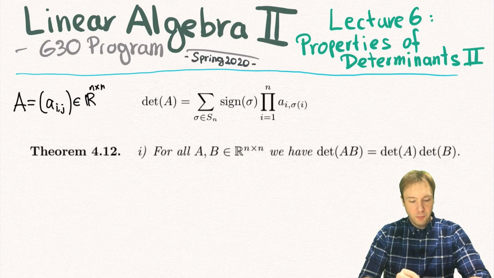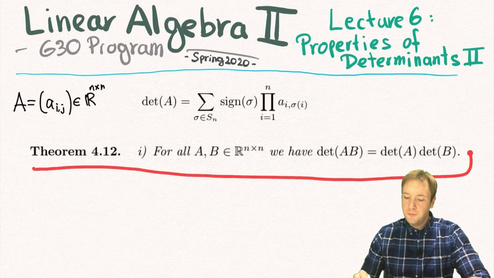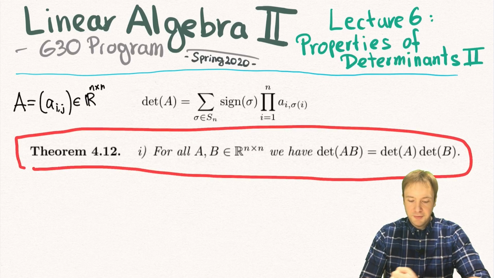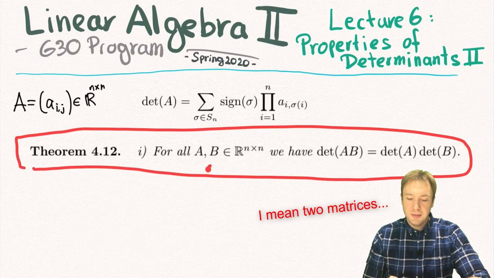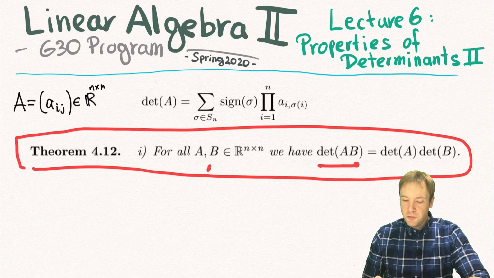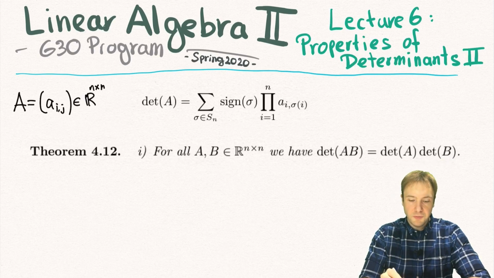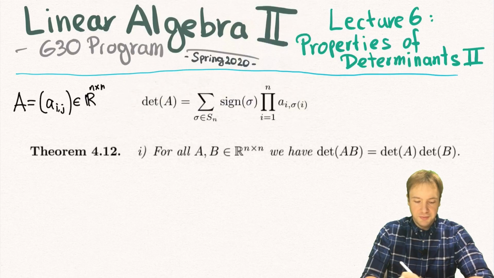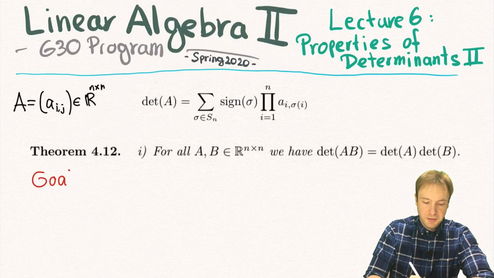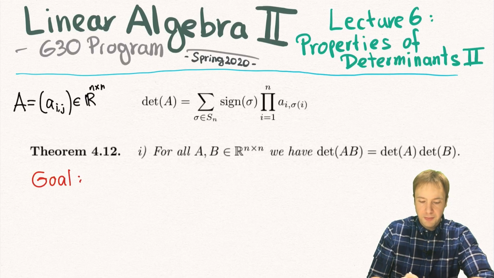And also last time we mentioned this theorem 12 here, stating that if we take two matrices A and B, then the determinant of the product of these two matrices is the product of their determinants. But this theorem we didn't prove yet, and the goal of today is to prove this theorem here.